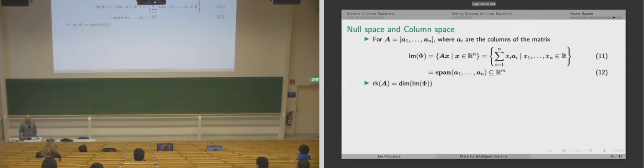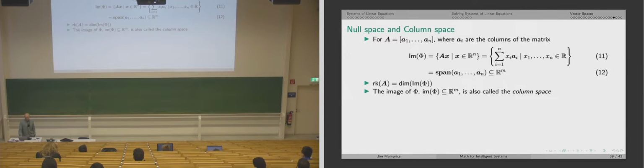As we saw before, the dimensionality of the column space is the rank of the matrix, and the image of V is called the column space, and the null space is also the general solution to AX equal to 0.